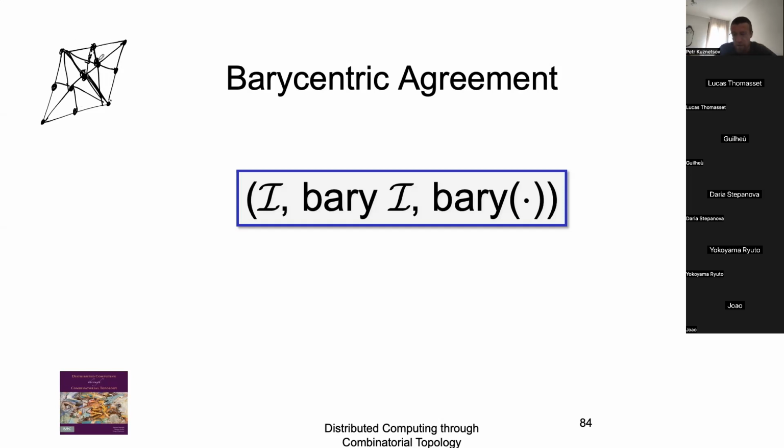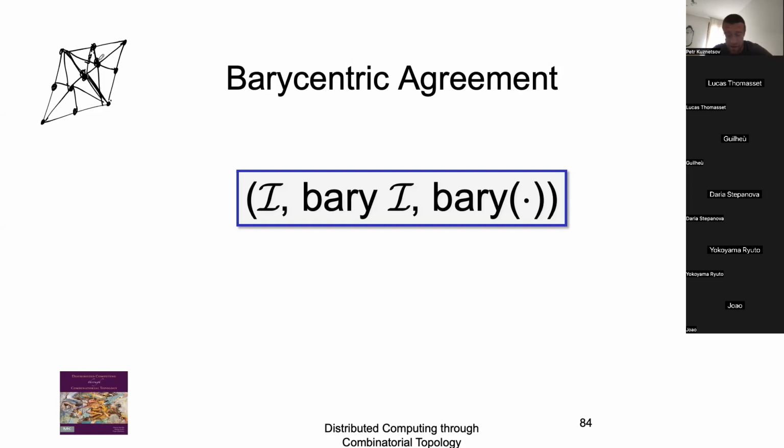shared by these two subdivisions. Okay, so we have the barycentric subdivision of a complex as an output complex of the task, and barycentric subdivision as a carrier map for the task specification, because barycentric subdivision can be seen not only as a subdivision of a complex, but also as a carrier map. It takes a simplex and maps it to a complex.